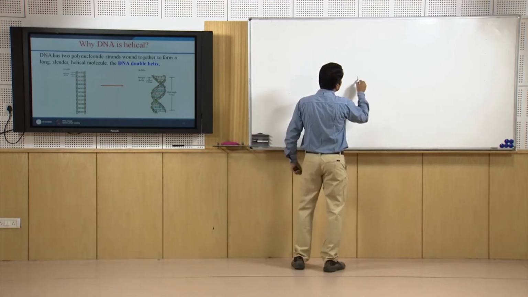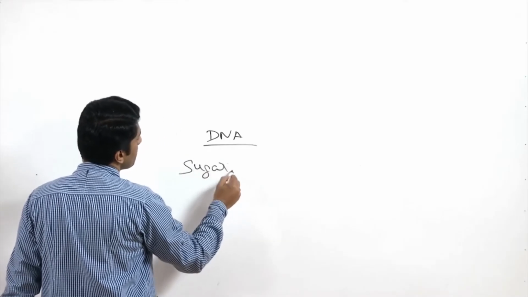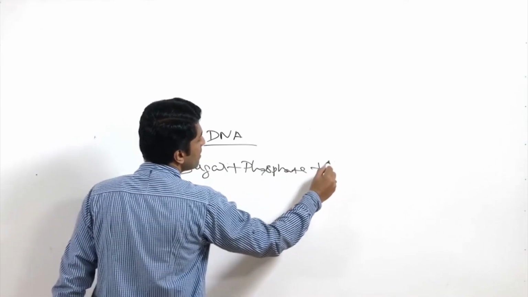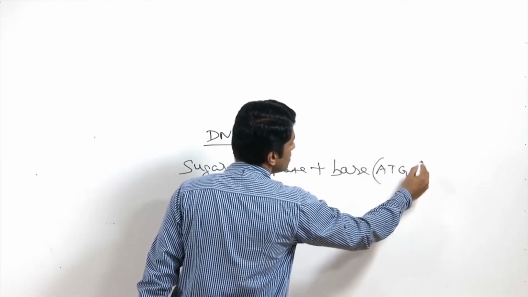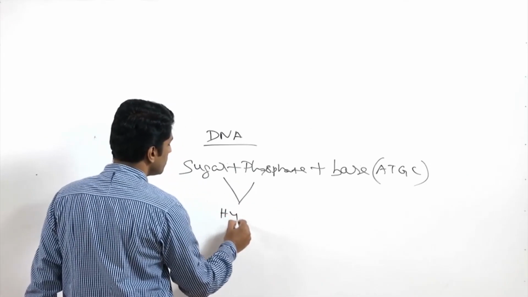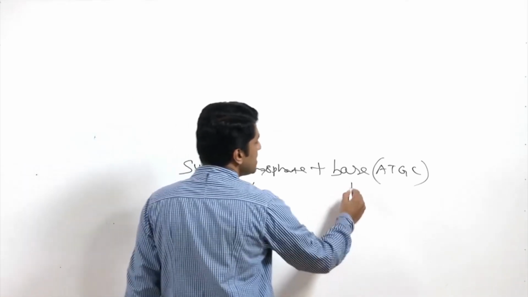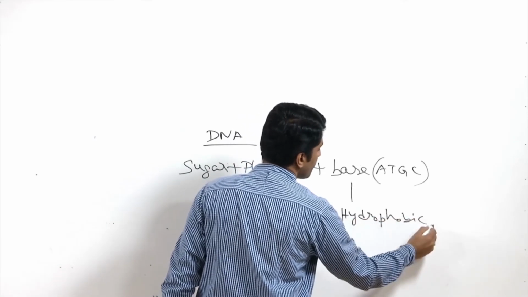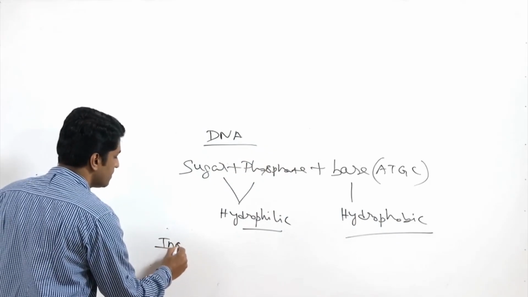As I told you, DNA has three main components: sugar, phosphate, and the nitrogenous base, A, T, G, C. Of these, the sugar and phosphate are hydrophilic and the base is hydrophobic, and the inside of the cell is full of water, right.